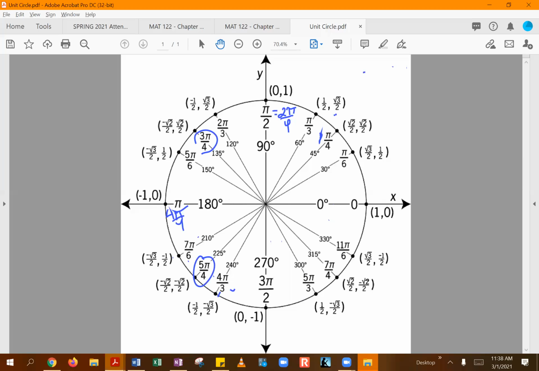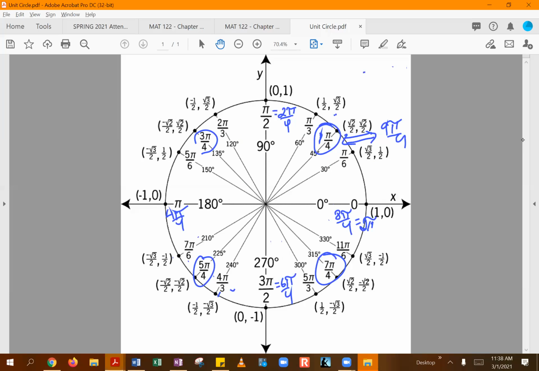This is, of course, 5 pi over 4. This guy would be 6 pi over 4, 7 pi over 4. This would be 8 pi over 4, which we know simplifies to 2 pi. So yeah, your 1 pi over 4 is actually equivalent to 9 pi over 4. Basically you are coming a full circle and then coming back up that pi over 4.